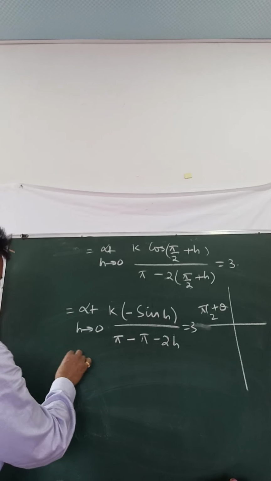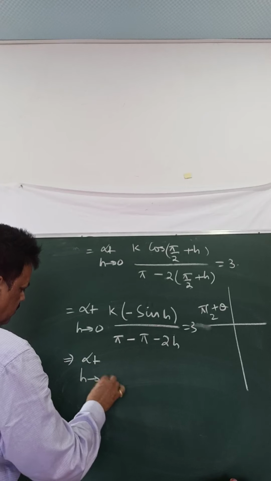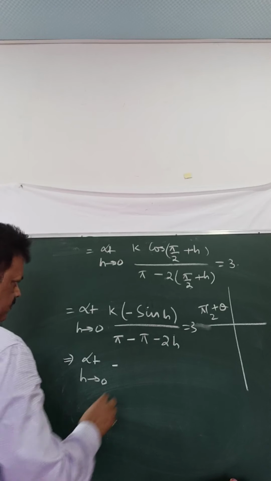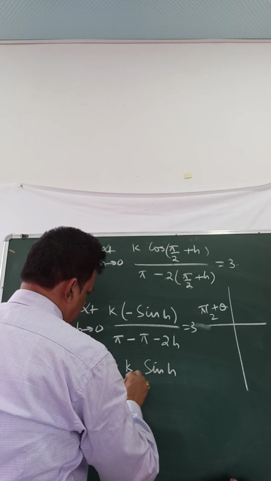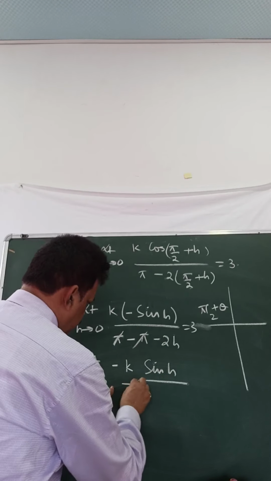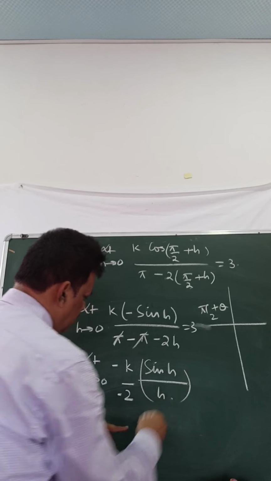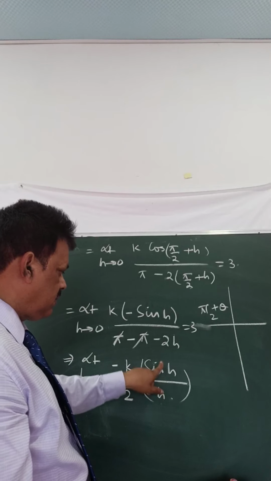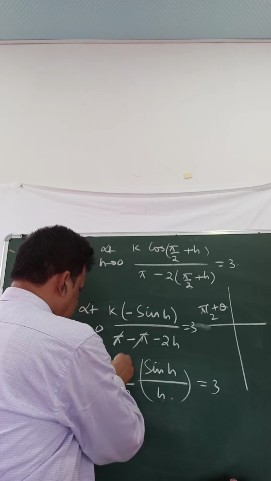That gives you limit h tends to 0, minus k sin h divided by, this is cancelled, minus 2h. Because there is a formula, sin theta by theta is 1. This minus is cancelled.